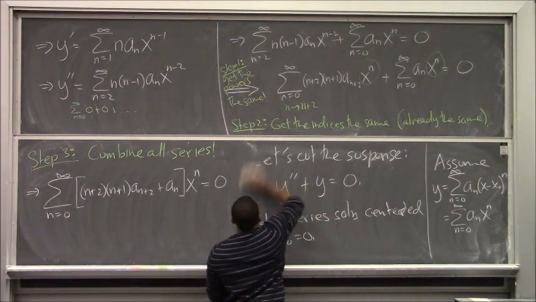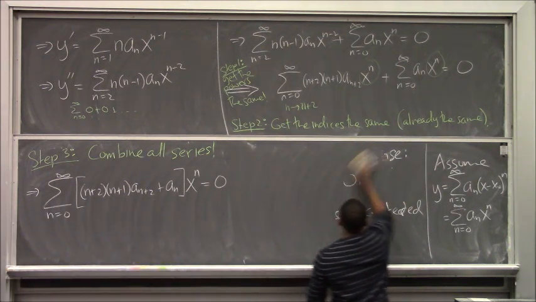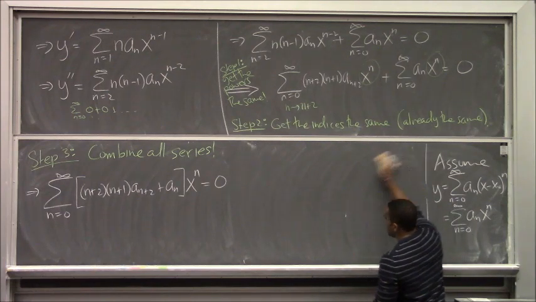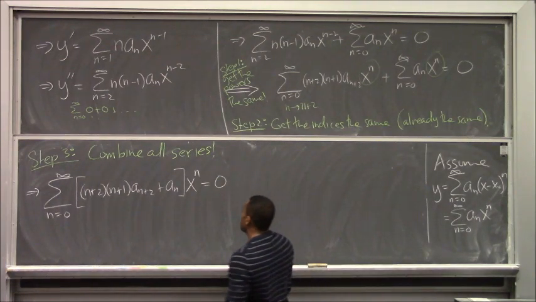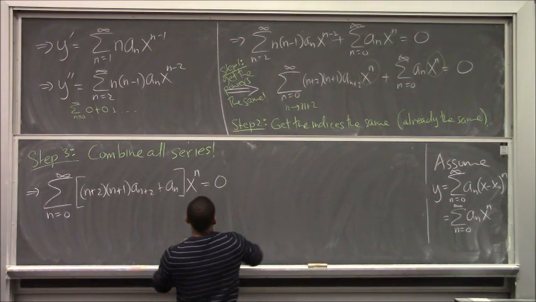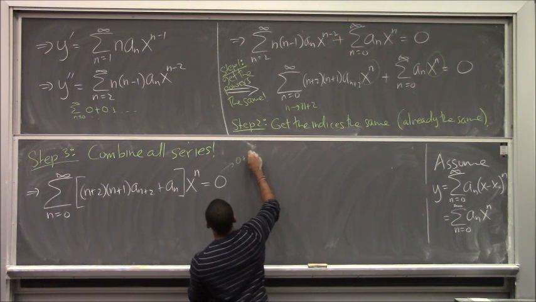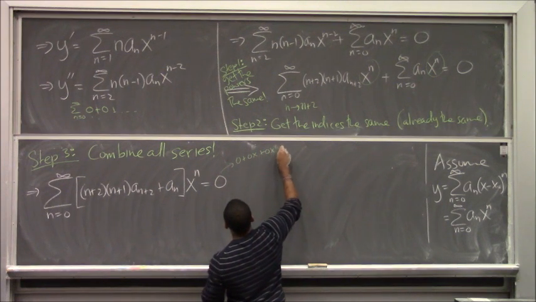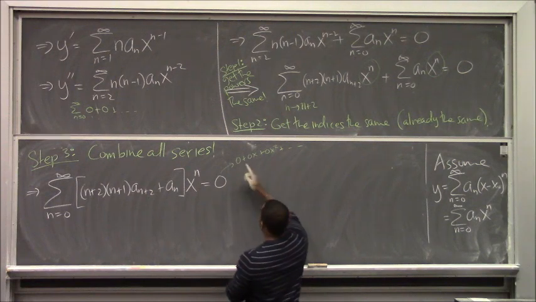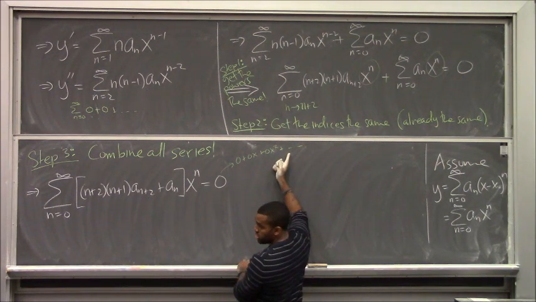So now, if you think of 0 as a series at this point, it's just 0 plus 0x plus 0x squared plus and so on. What you notice here is all the coefficients are 0.